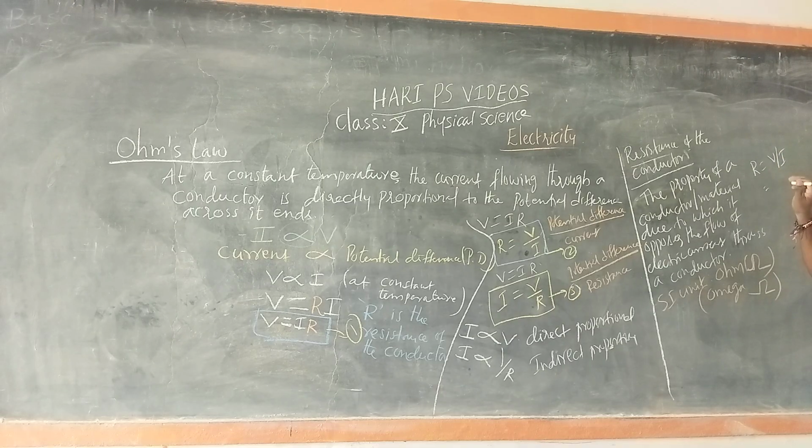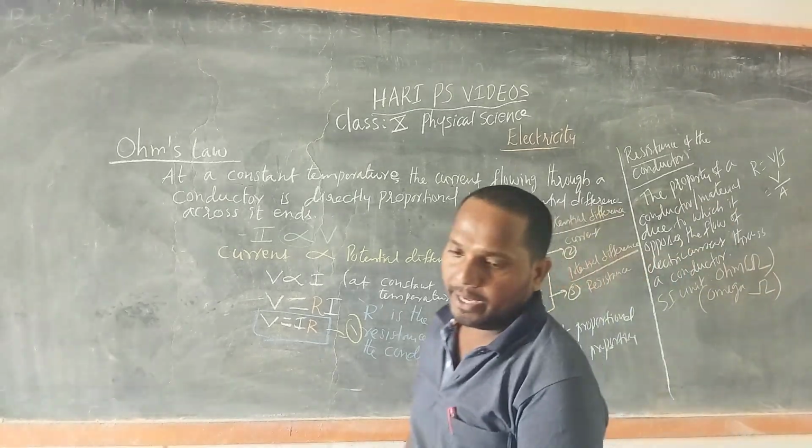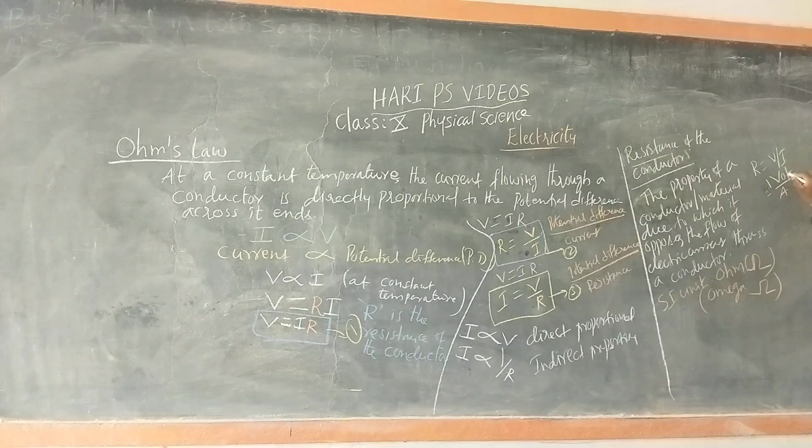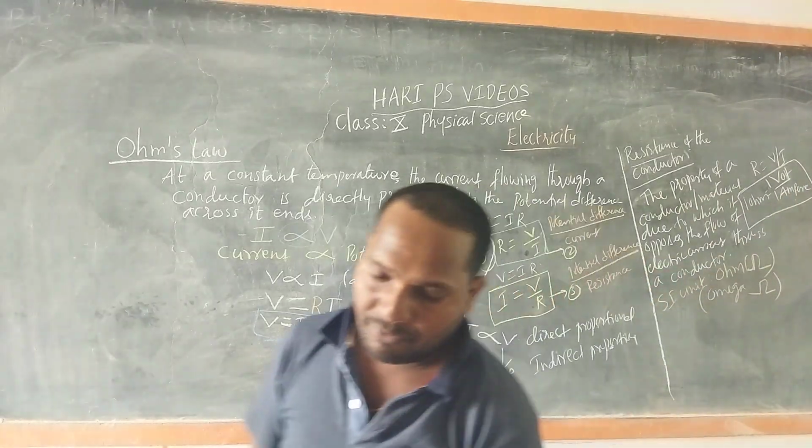Potential difference, voltage, you can represent with V, and electric current with I. So 1 ohm is equal to 1 volt by 1 ampere of current.